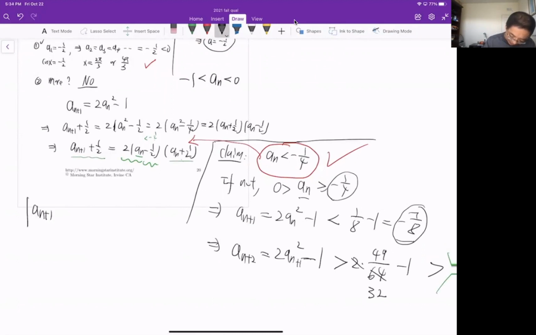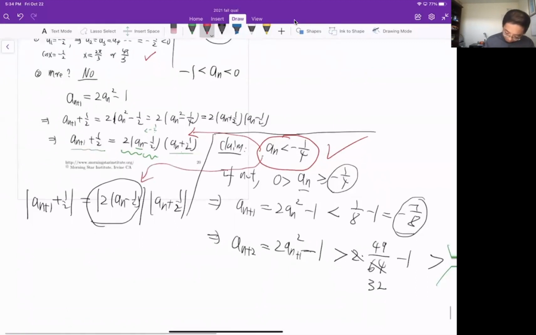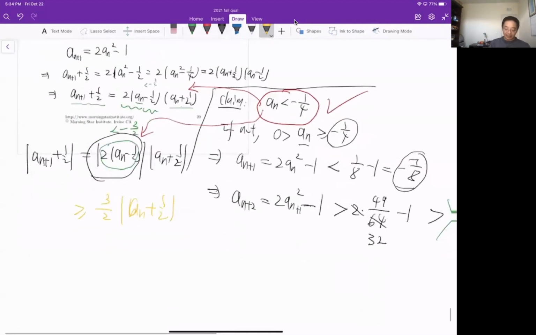Then if we put it here and take the absolute value of the whole thing, this will be the absolute value of twice of a_n minus 1/2 times the absolute value of a_n plus 1/2. Now this guy, if I use a_n less than negative 1/4, the absolute value of the inside will be greater than 3/2 times a_n plus 1/2, which means each time you go up by at least 1.5 times.